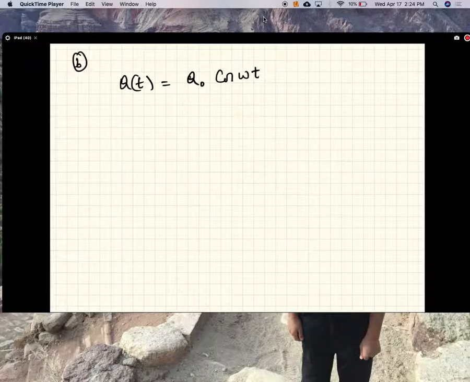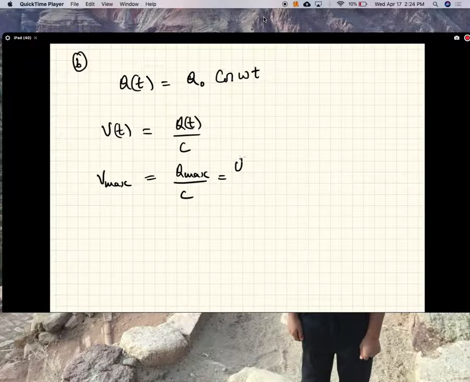The voltage across the capacitor is equal to the charge on the capacitor divided by C. So Vmax is equal to Qmax divided by C. Qmax is Q naught. So we are going to evaluate Q naught.